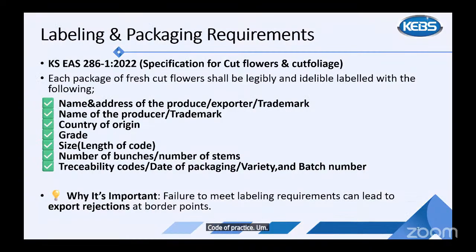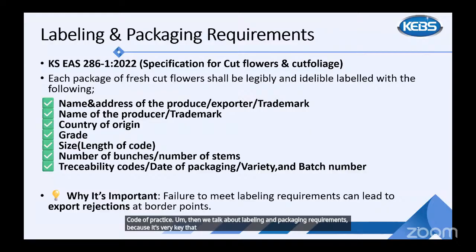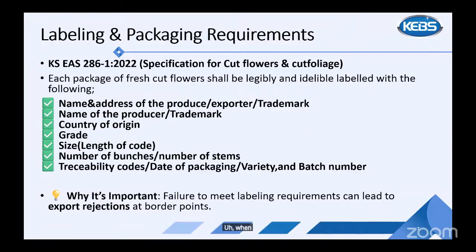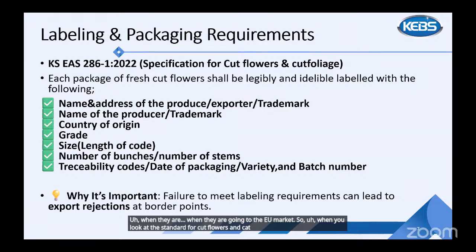Then we talk about labeling and packaging requirements, because it's very key that your flowers are well labeled when they are going to the EU market. When you look at the standard for cut flowers and cut foliage, the KS EAS 286 Part 1 of 2022, it says that each package of the fresh cut flowers should be labeled legibly.